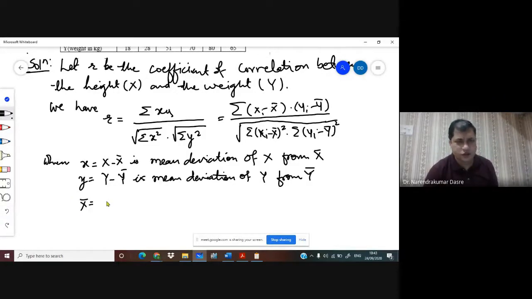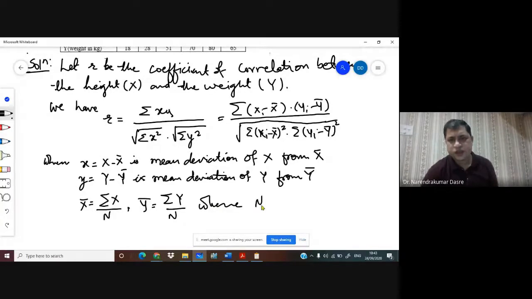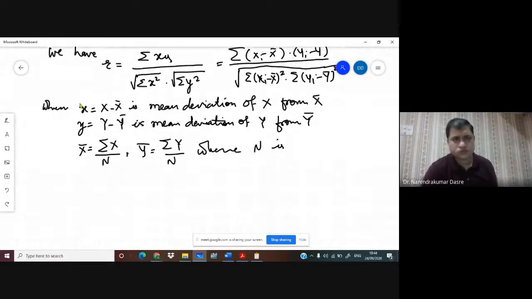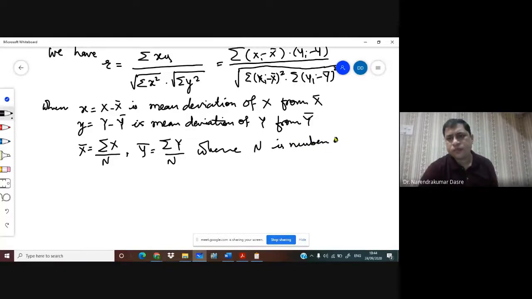So we have to be careful for the notation. x bar is summation x upon n, and y bar is summation y upon n, where n is the number of observations. Okay. So that's what we have.